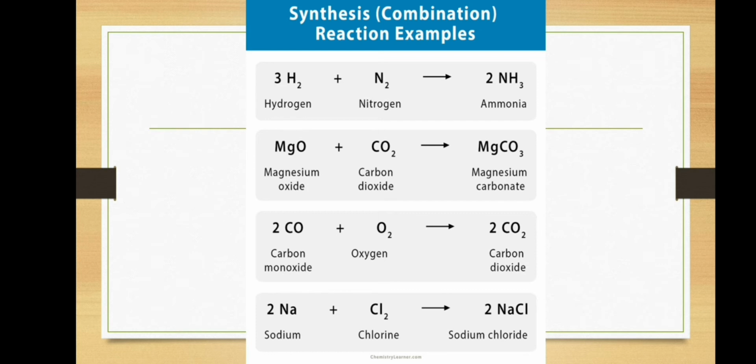As I've said, in the first type of chemical reaction, the combination reaction, the product will be the combination of the two or more reactants. Set aside the subscripts, don't mind them. Since we have two reactants here, it will produce one product from the combination of two. Okay, nagets? That's why it's called combination. Combine lang. So it's very simple.